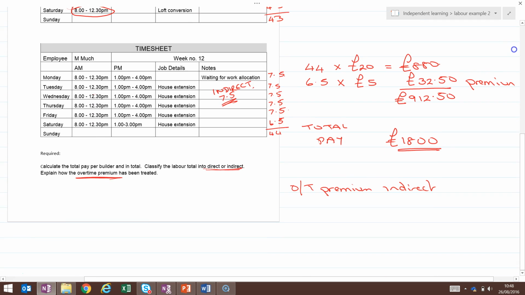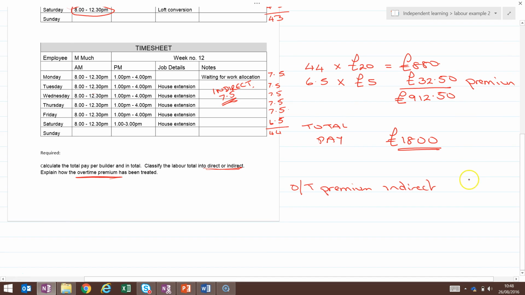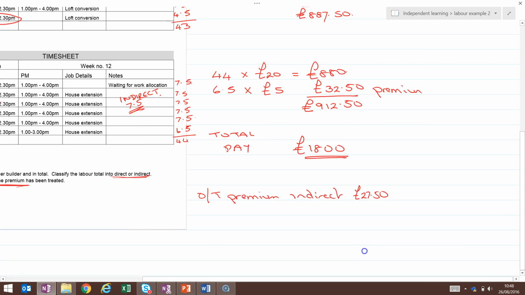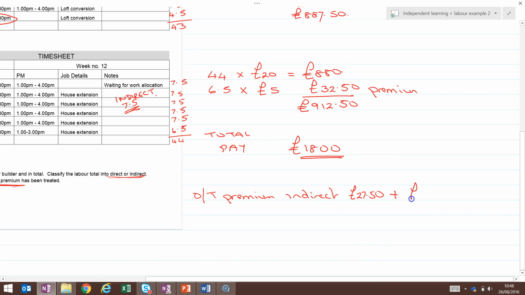So that's now going to help. So we know our overtime premium was indirect, and that was £27.50 and £32.50. We also know that for Bob, there were 2 hours when he was paid £20 an hour.